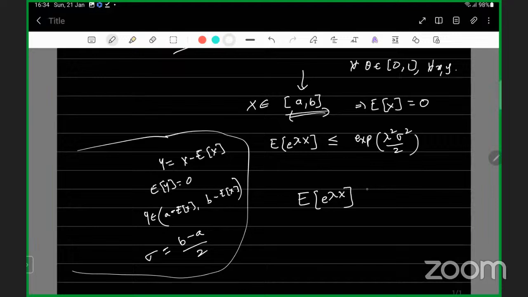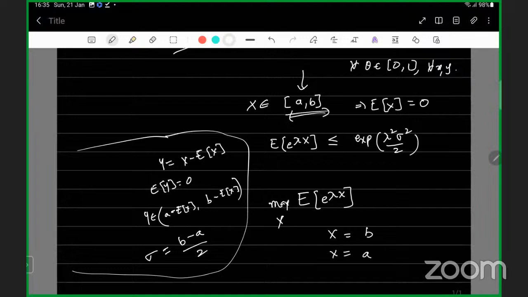So you can show that the worst case, the maximum value of this, if you take the maximum over all possible random variables which lie between A and B, occurs when the distribution takes value B with some probability, and A otherwise.